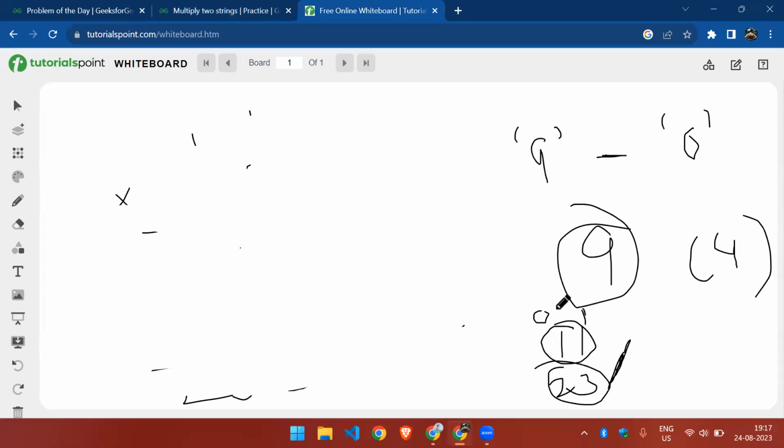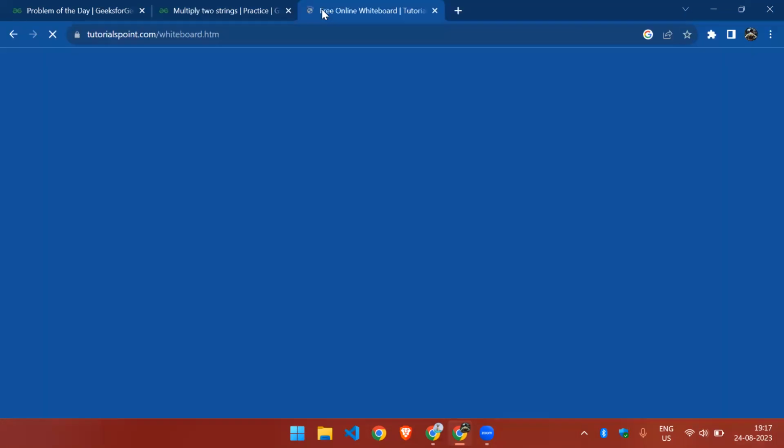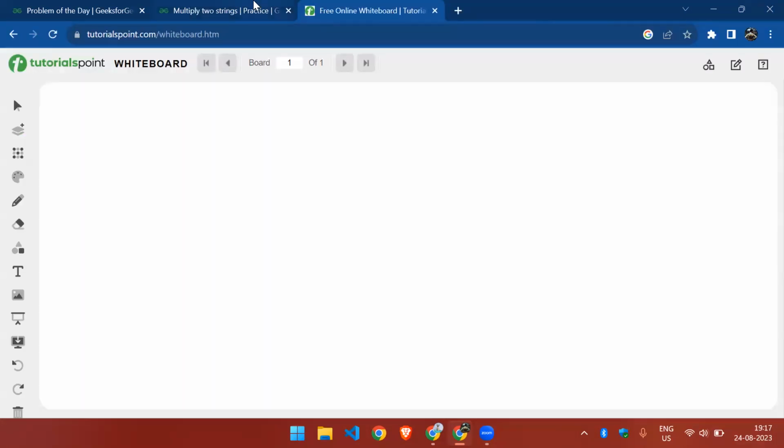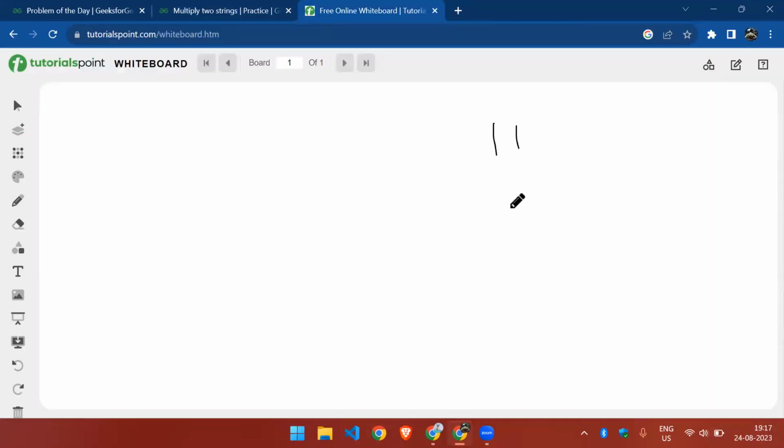So initially, our I is at 1. My bad. So it was like this. It was at 1th position, right? So answer of this one plus this one, because the first multiplication will start from the end, right?